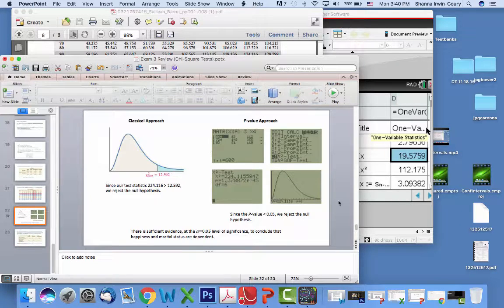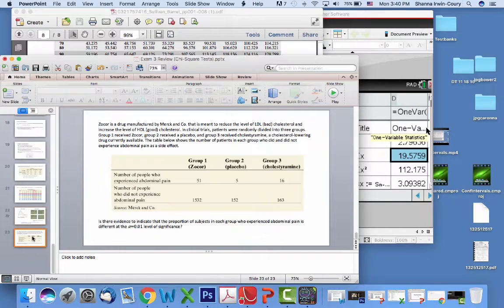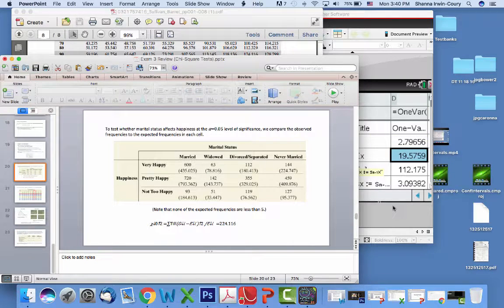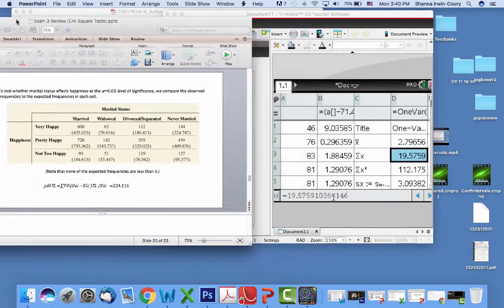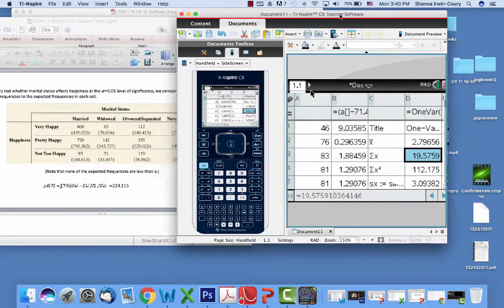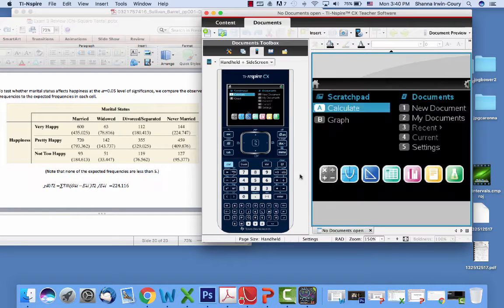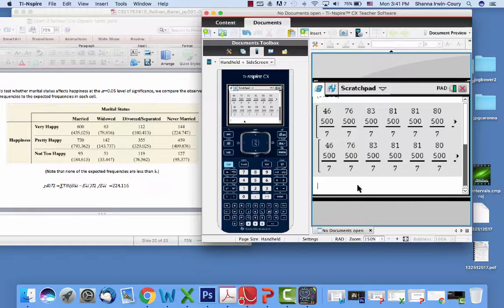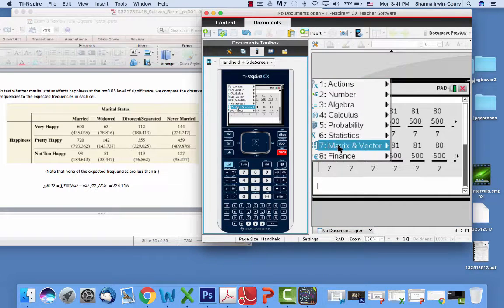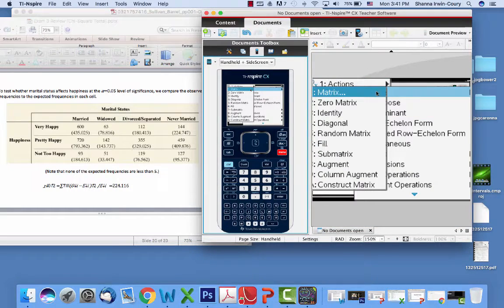I've shown you guys, I think, how to run this test on this, again on an 84, and we've got the Inspire. So let me go back, get these numbers for you, and do it on here. Okay, so let's close that. I want to do scratch. I want to create a matrix, so I go to Menu, Matrix and Vector, Create, Matrix.